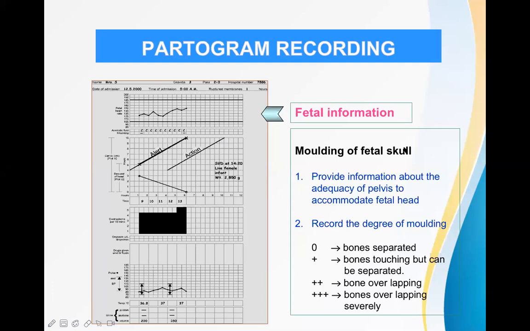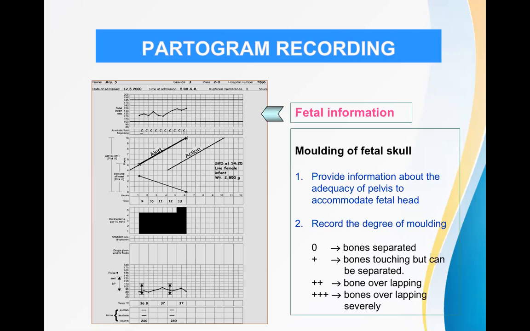Now see this, regarding the molding of the fetal skull, let's revise. It provides information about the adequacy of the pelvis to accommodate the fetal head. This is known as engagement.